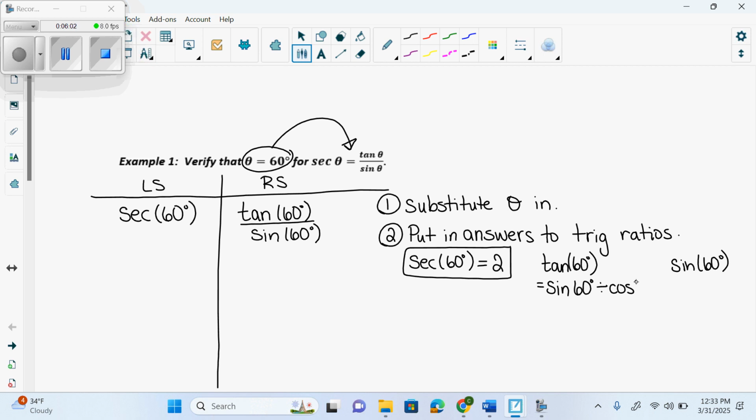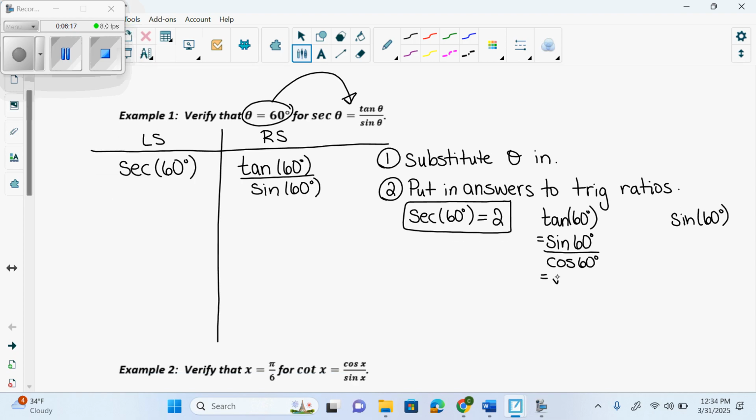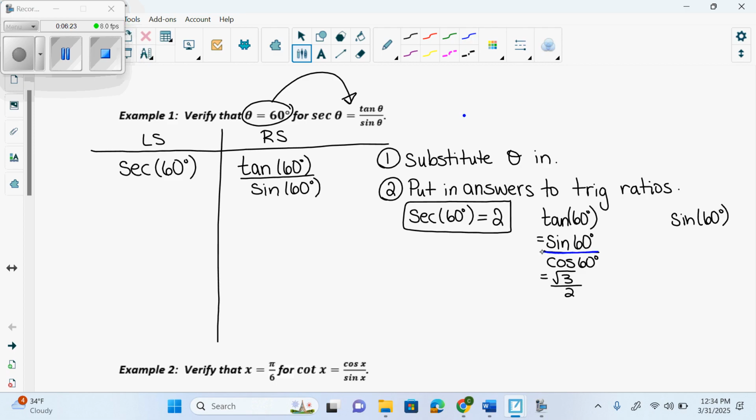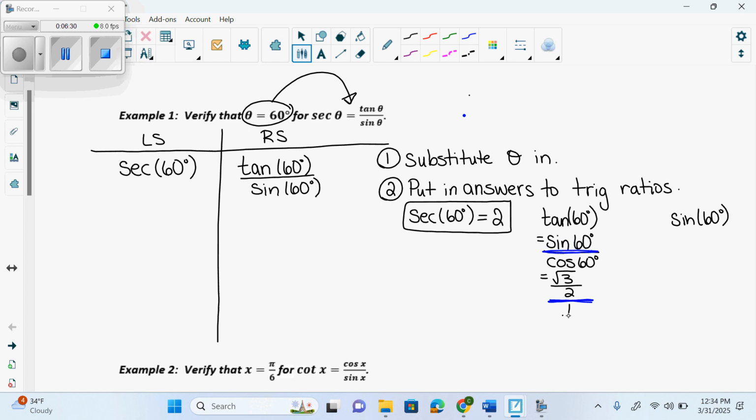What is sine of 60? Root 3 over 2 over, what's cos of 60? A half, correct?